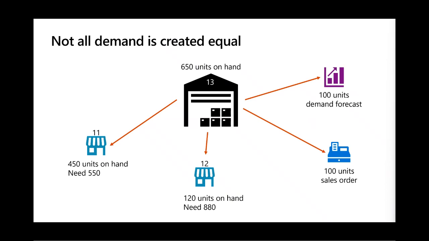We're going to keep coming back to this scenario and talking about the different ways that we can apply priority-based master planning to drive our inventory across our different sources of demand. So let's dive into some of the different features of this functionality.